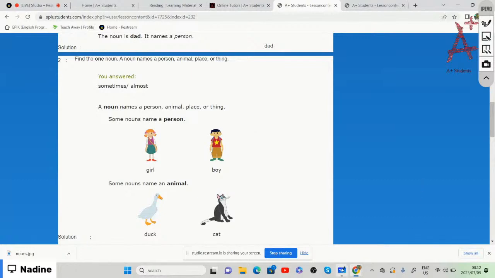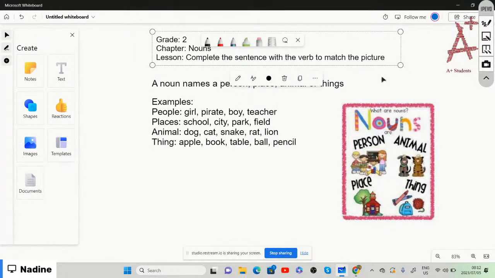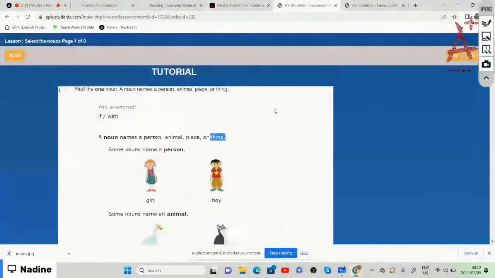So if we maybe go to the whiteboard, right? Great. So if we identify the nouns, right?